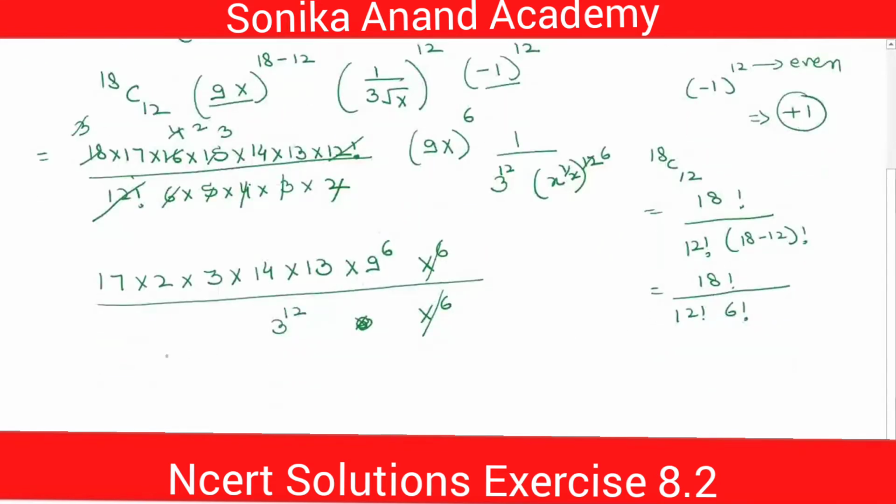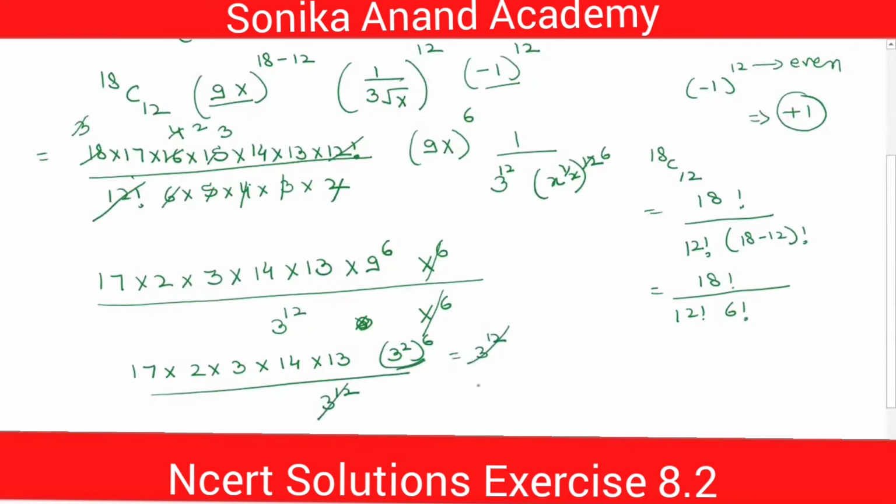Now 9 to the power 6, we can write it as 3 to the power 2 to the power 6 upon 3 to the power 12. So it also becomes 3 to the power 12. So these two get cancelled. Now simply multiply 17 into 2 into 3 into 14 into 13. I think you will get the answer. Find out firstly the answer, whether it is correct or not.